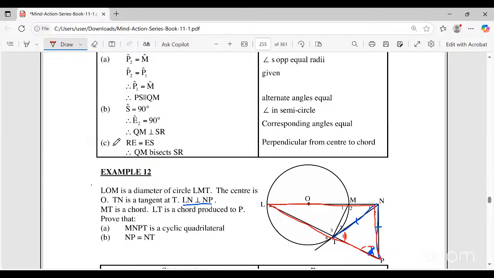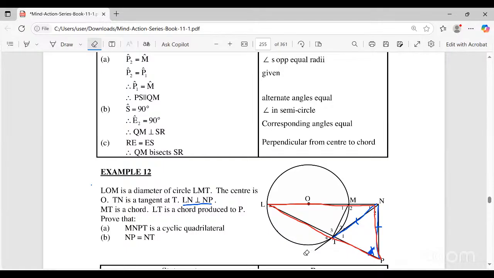So we need to play around with our angles so that we end up having this angle equal to that angle. Are you cool with that, Naledi?